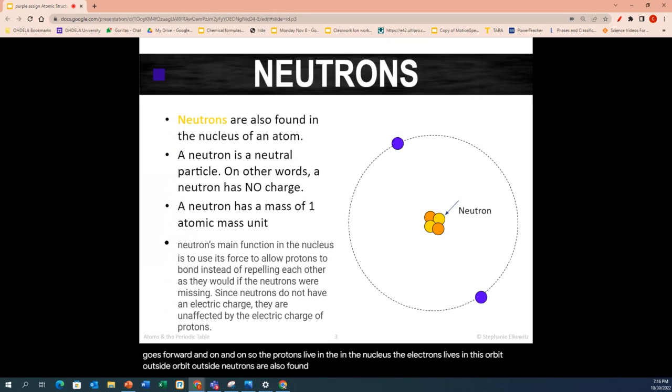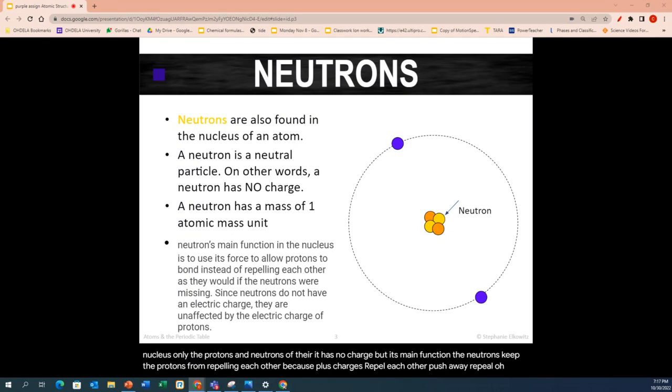Neutrons are also found in the nucleus. So I said, here are the neutrons. They're inside the nucleus. Only the protons and neutrons live there. They have no charge, but the main function of the neutrons is to keep the protons from repelling each other, because plus charges repel each other, push away.